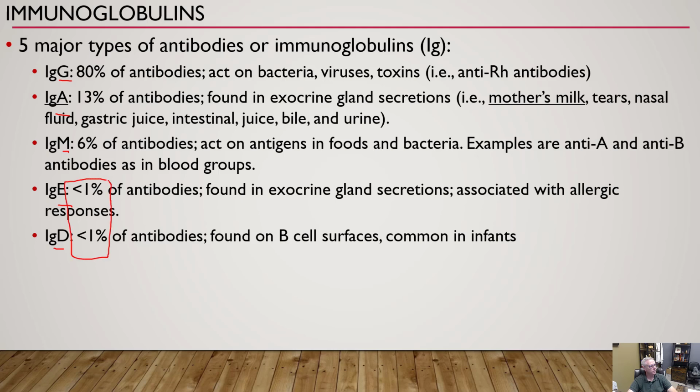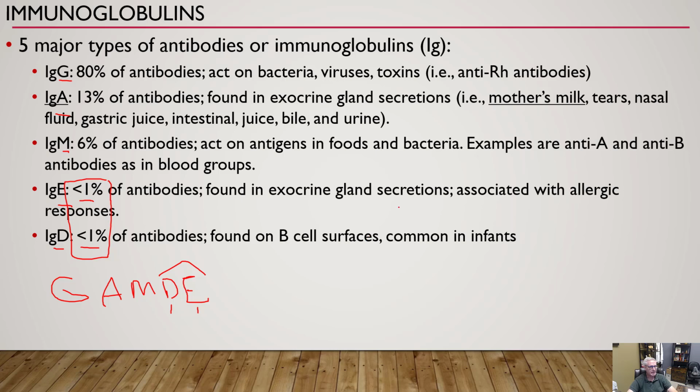In reality, if you look at the percentages, a lot of textbooks will do GAMDE, since IgD is usually slightly more than IgE. So technically it should be GAMDE. But because this textbook does less than 1% of both, I just remember it as GAMED.